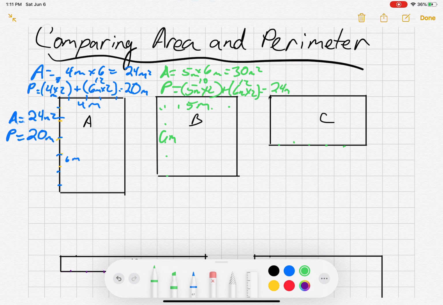The area here is 30 meters squared, and the perimeter here equals 24 meters. I'm doing this because we're going to use this. All right, now the next one, C. Okay, the area here is 1, 2, 3, 4, 5, 6. 6 meters times 1, 2, 3, 3 meters.